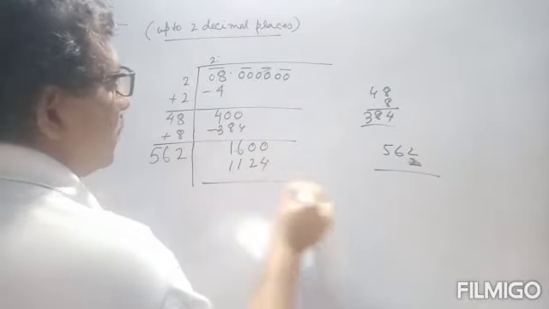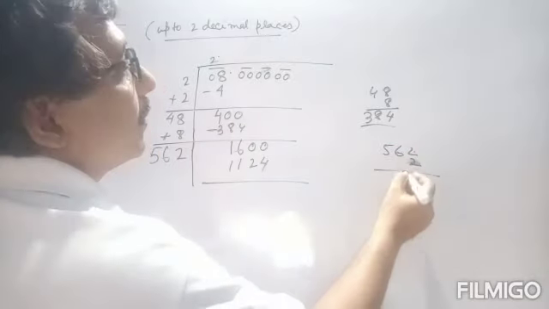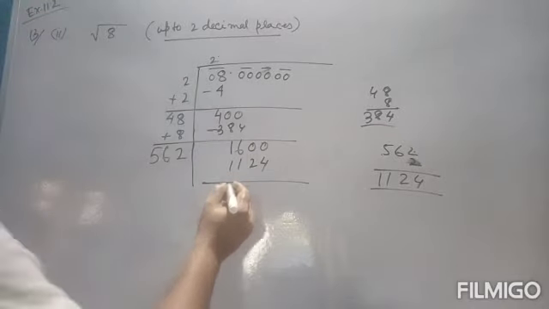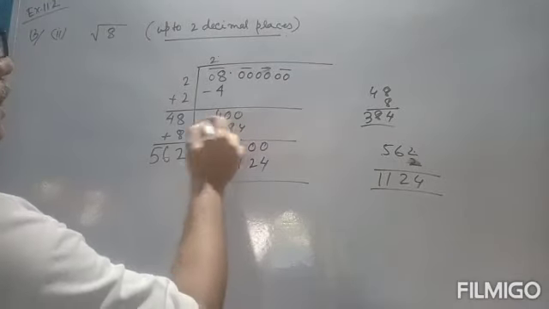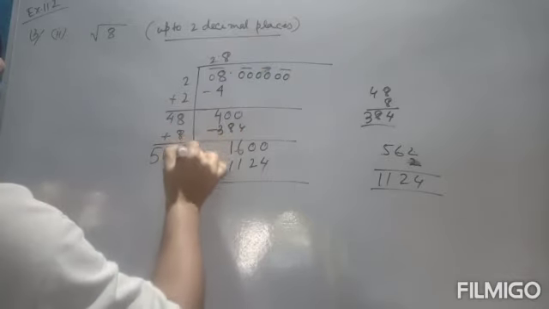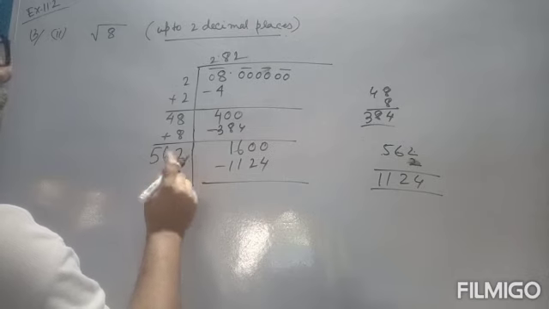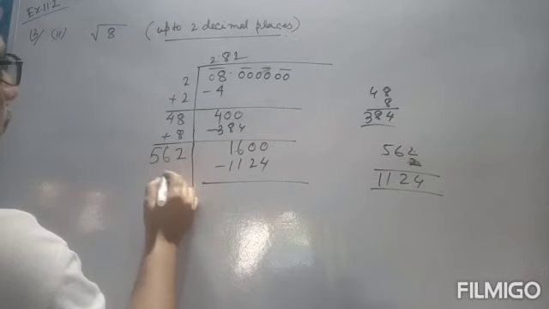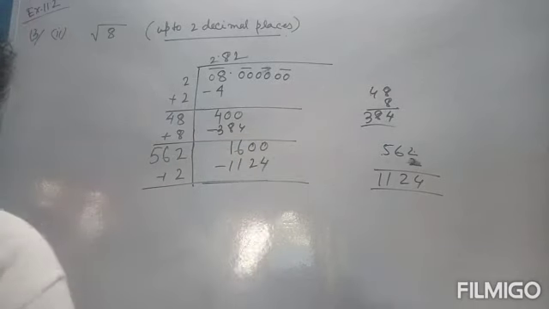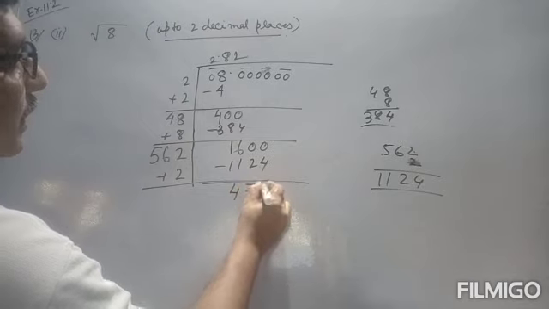1124. Is it? 2 2s are 4, 6 into 2 is 12, 5 into 2 plus 1. So subtracting this, put here 8, next we put 2 here. 562 plus 2, add 2 here, and subtracting, you get 476.